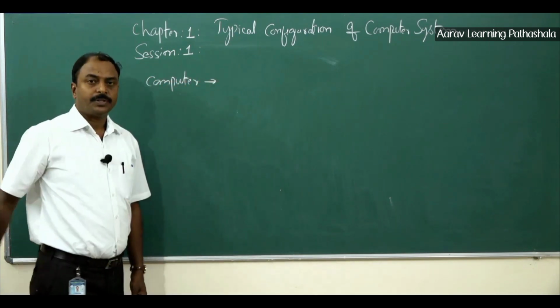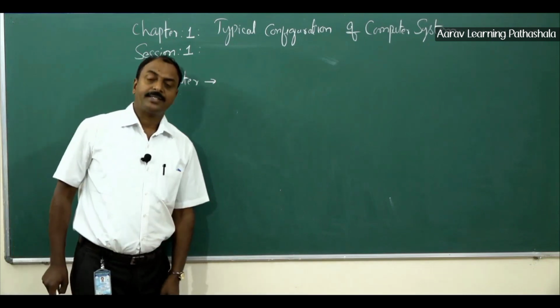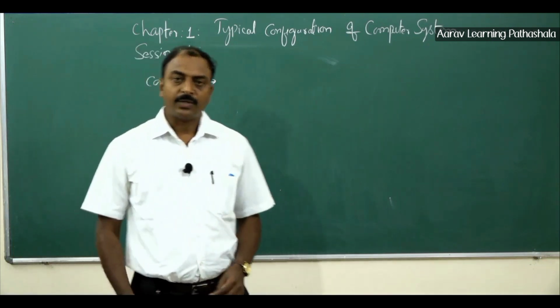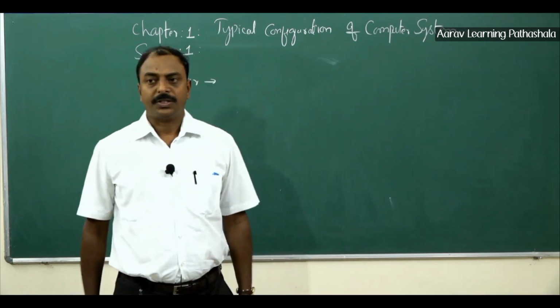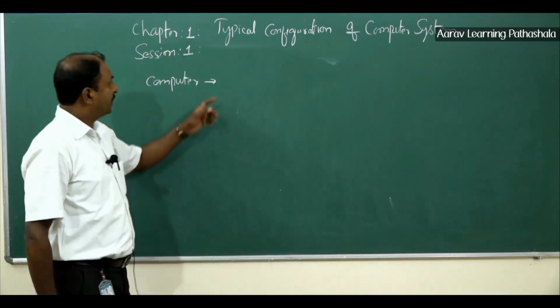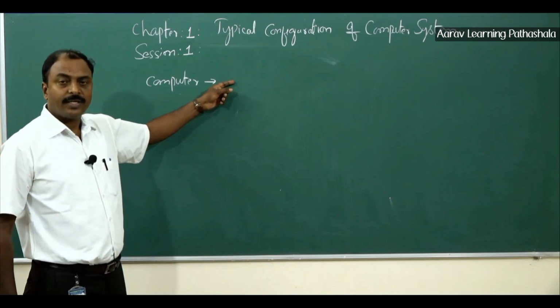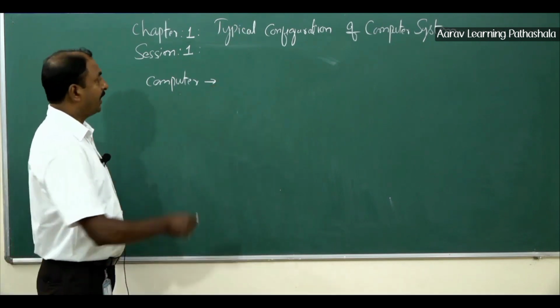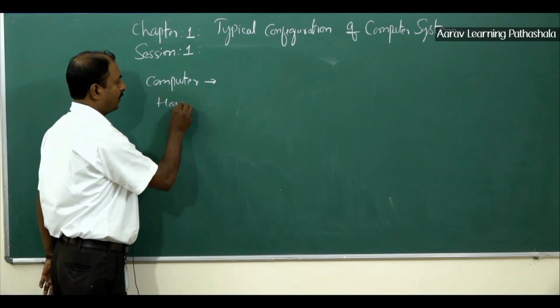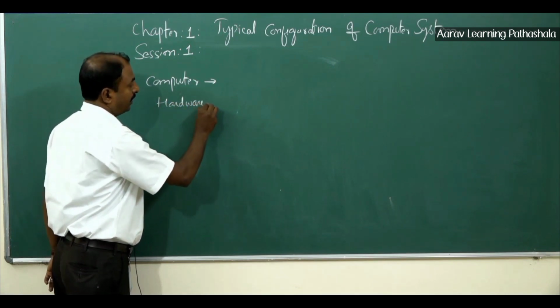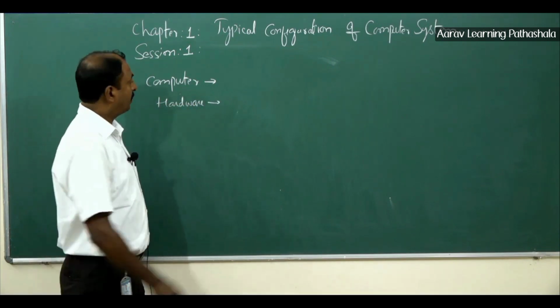So, what is a computer? Computer is nothing but an electronic device. It performs calculations based on instructions given. That is the definition you learned last year. Along with that, we learned a few definitions like hardware. What is hardware?